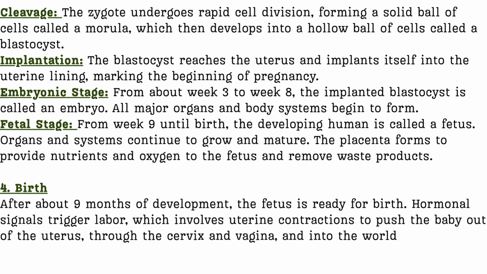Now the final stage is birth. After about 9 months of development, the fetus is ready for birth. Hormonal signals trigger labor, which involves uterine contractions to push the baby out of the uterus through the cervix and vagina and into the world. So this is the final process.